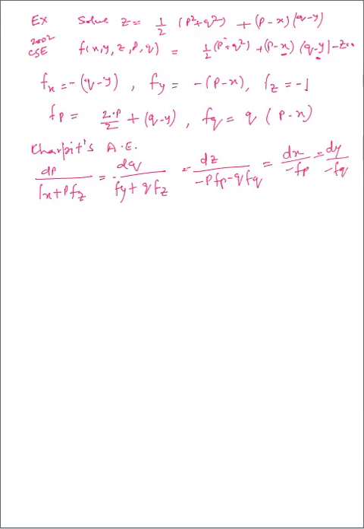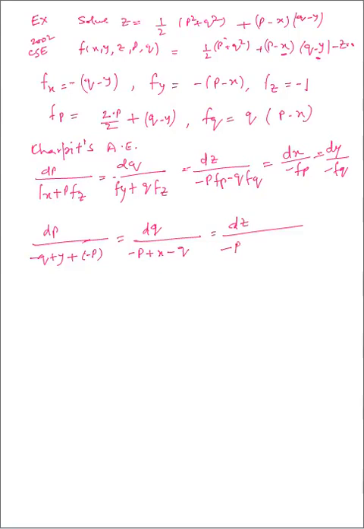We put the values: dp upon minus q plus y plus p into minus 1, so minus p, is equal to dq upon fy, which is minus p plus x, and q into minus 1, so minus q, is equal to dz upon minus p into fp.